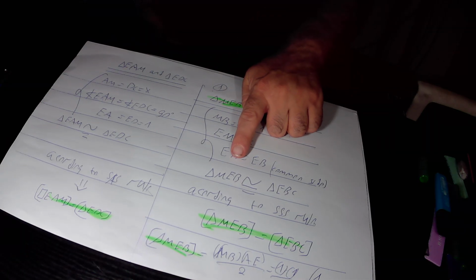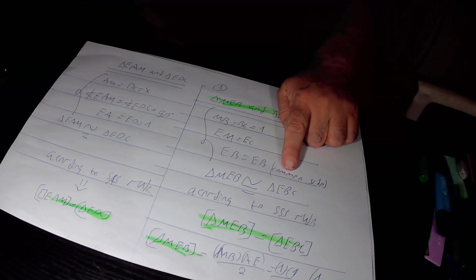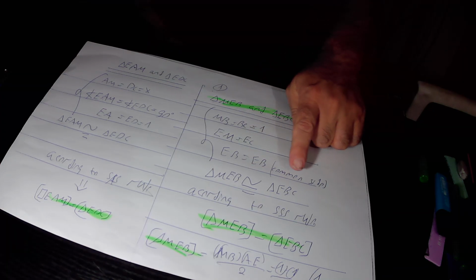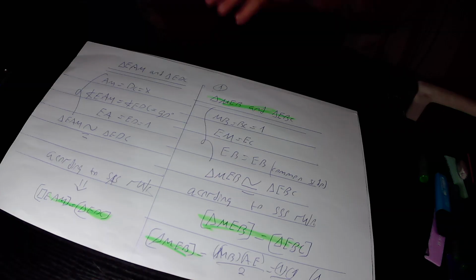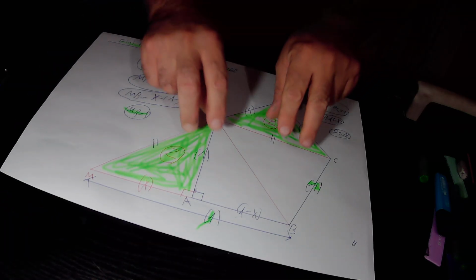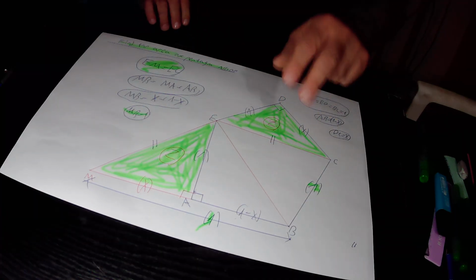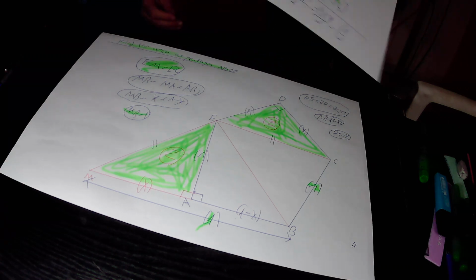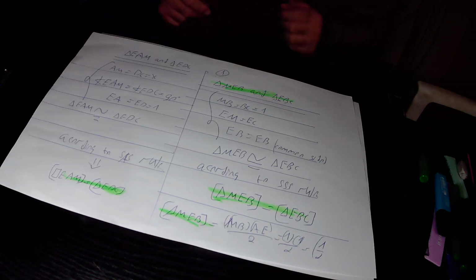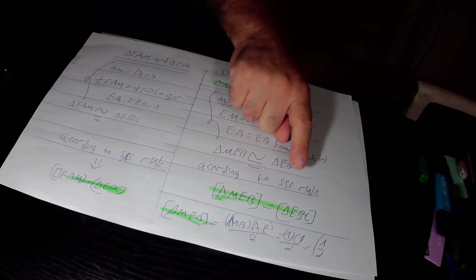Triangle MEB can join, this is the sign of congruent, to triangle EBC according to the side rule. And from the fact that those two triangles can join to each other, we derive that they also have the same areas. That is to say, the area of triangle MEB is equal to the area of triangle EBC.